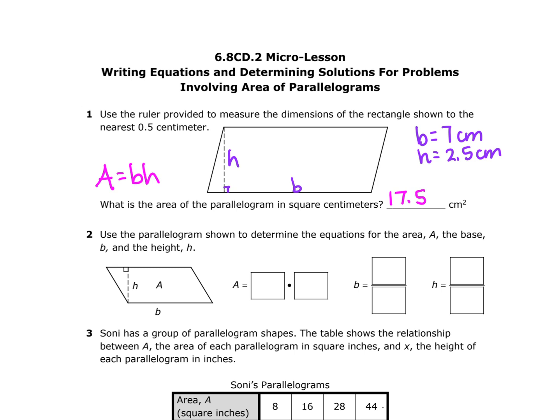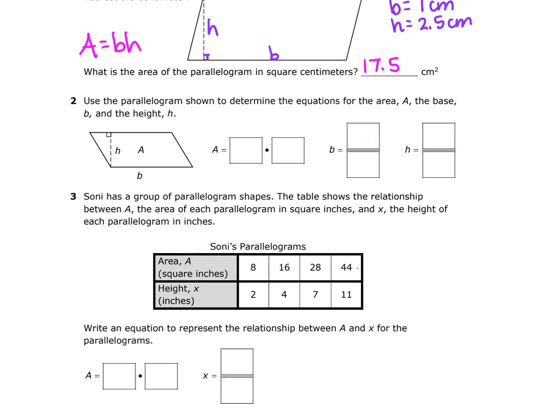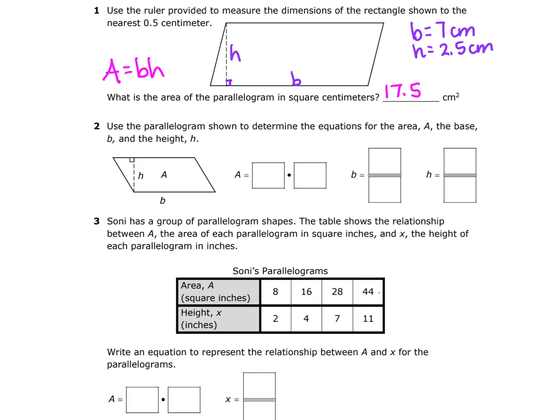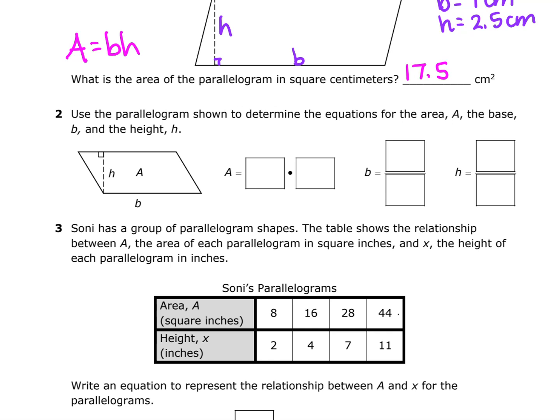All right, so let's look at number 2. Use the parallelogram shown to determine the equations for the area A, the base B, and the height H. If you look at the picture on the left, it tells me what it looks like.